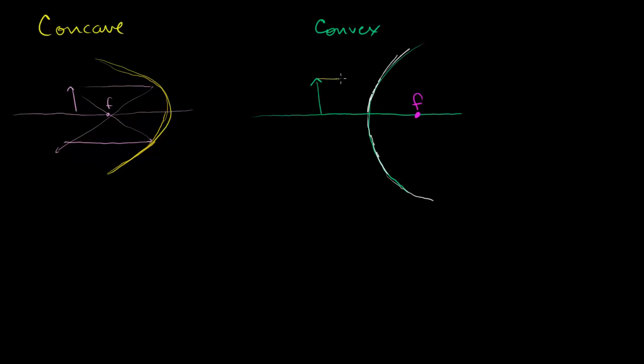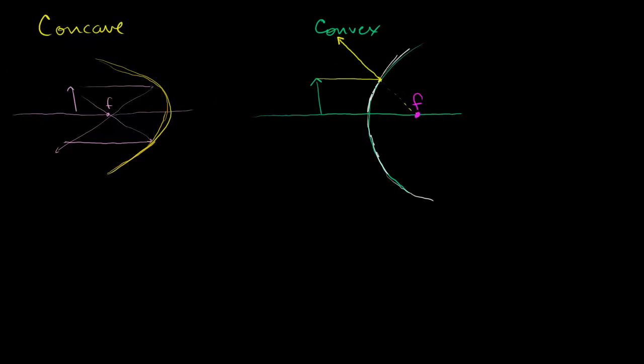If something is parallel to the principal axis, and I'm not doing the math over here, but if it reflects on the outside of this parabolic mirror, it will reflect in a way that looks like it's coming from the focus. Obviously the focus is on the other side of this mirror, but it would reflect in a way that it looks like it's coming from the focus. So that ray will reflect like that.